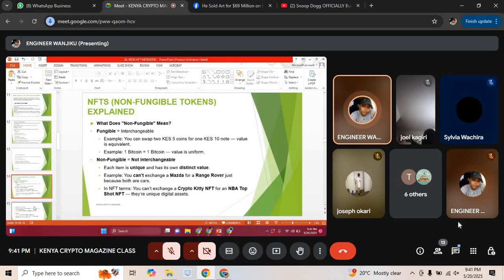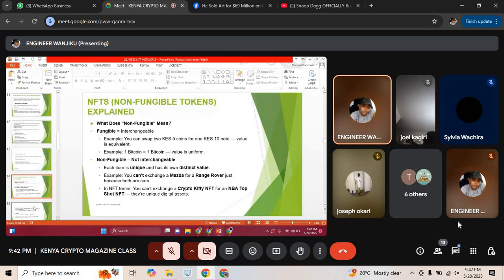But when it comes to non-fungible, it means non-interchangeable. Each item is unique and it has its own distinctive value. Example, in real life, you can't exchange a Mazda Demio for a Range Rover just because they are both cars. Yes, we understand they are both cars, but the value between a Mazda CX-5 and a Range Rover is totally different.